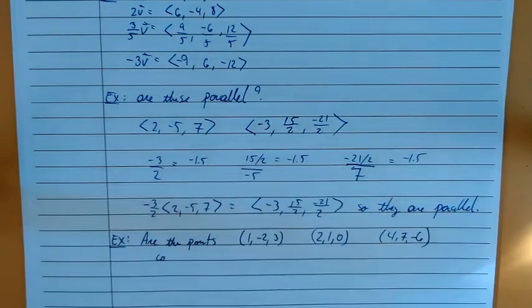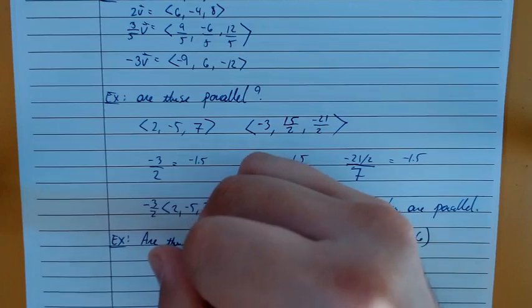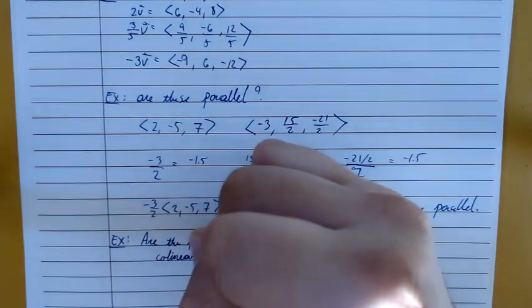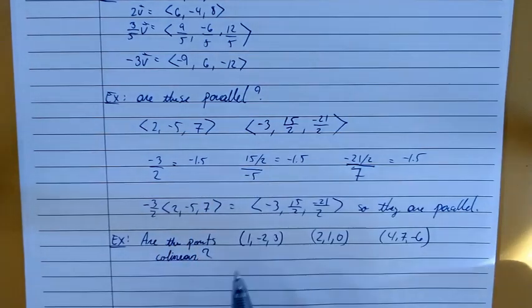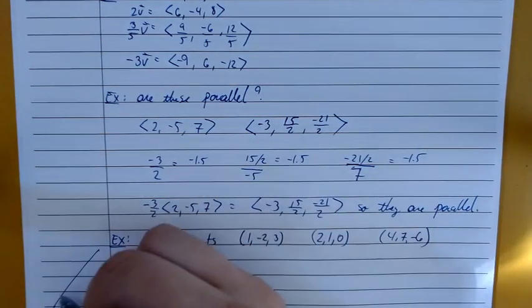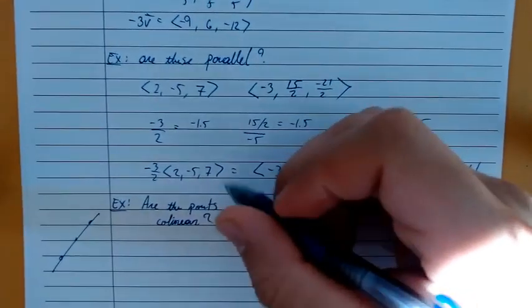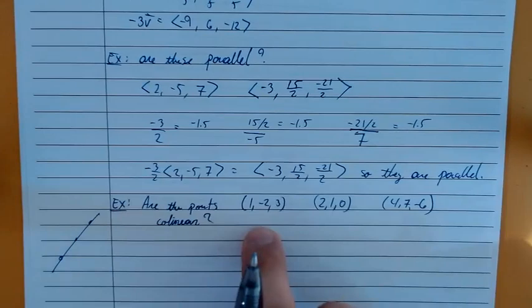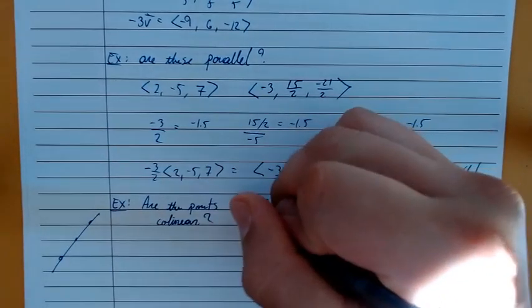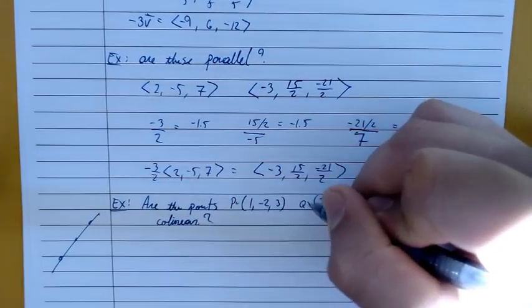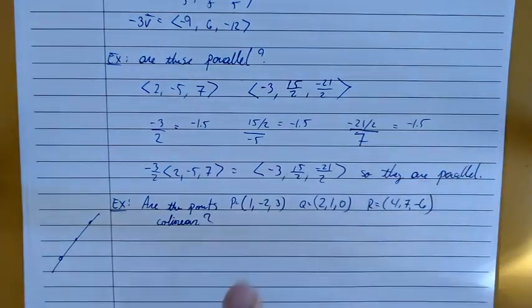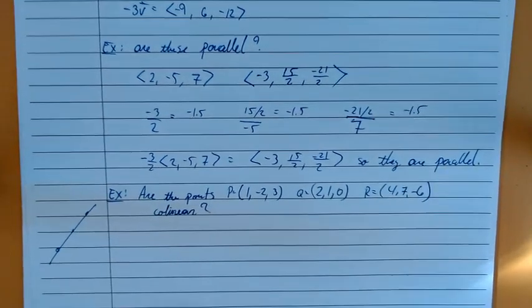In other words, are they on the same straight line? Is there a line that contains all three of those points? That's what it means by collinear. Here, we're going to go ahead and give these names so that we don't have to keep referring to that one and that one. We're going to say P is equal to that, Q is equal to that, and R is equal to that. So these are points P, Q, and R.